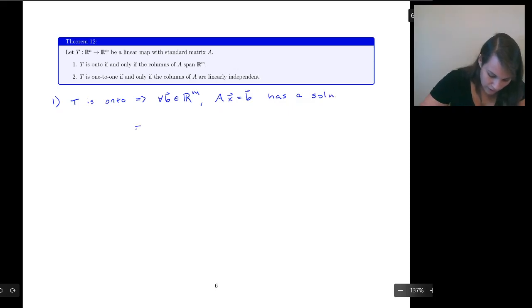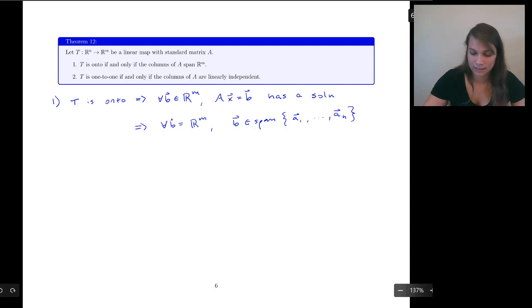And then we can go back to that theorem from 1.4, the equivalent statement of A, and we have for all B in Rm, B is in the span of A1 all the way up to AN.